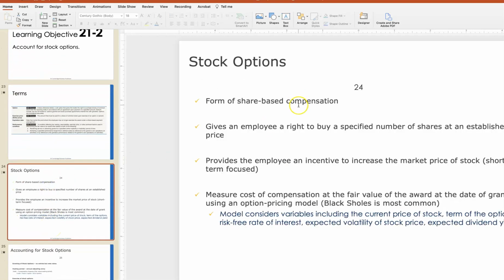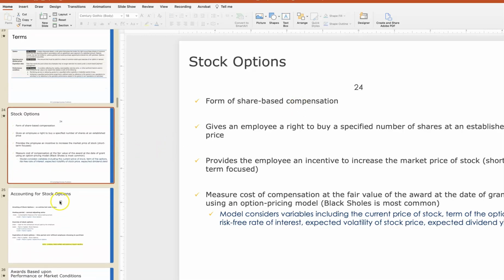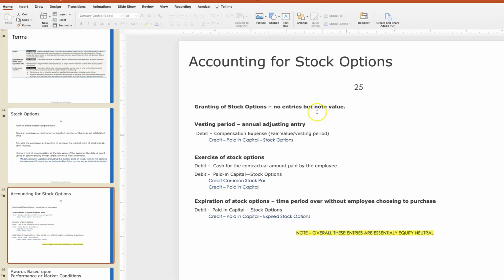So again, it's a form of compensation, which means we're going to have some type of expense associated with it. And the accounting tends to be pretty straightforward. When I grant it, I don't do any entries. The information may end up in the footnotes to the financial statements, but there's no entry because I've just granted an option. I haven't handed anybody or given them a share of stock.